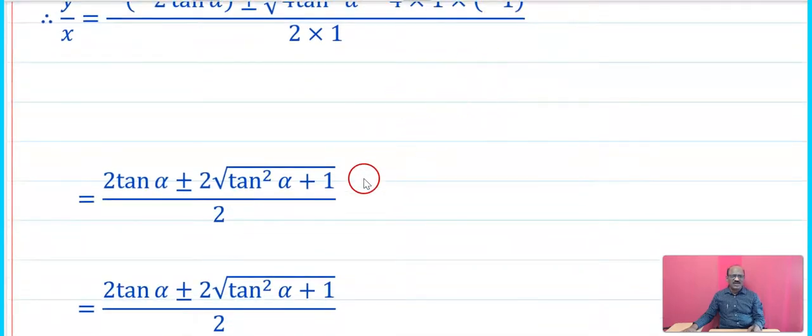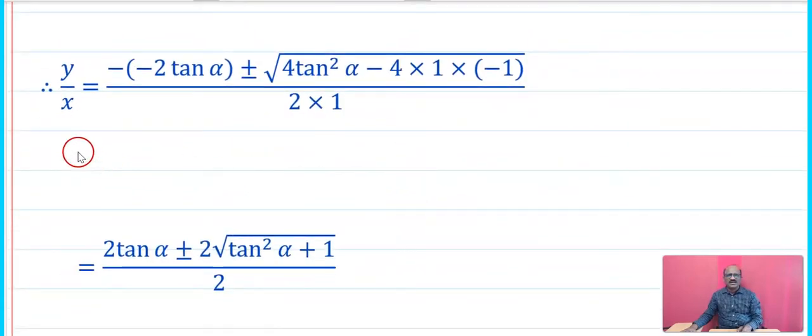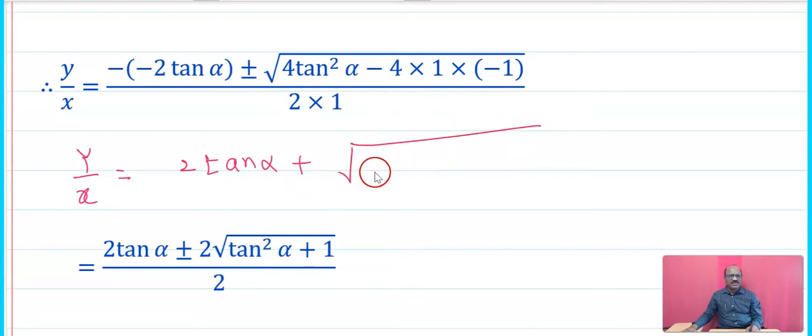Plus 1 and minus 1 become again a plus 4. You can write y upon x is equal to 2 times tan alpha, plus or minus, from here you will get 4 tan square alpha plus 4. Take 4 as common and it will become 2.